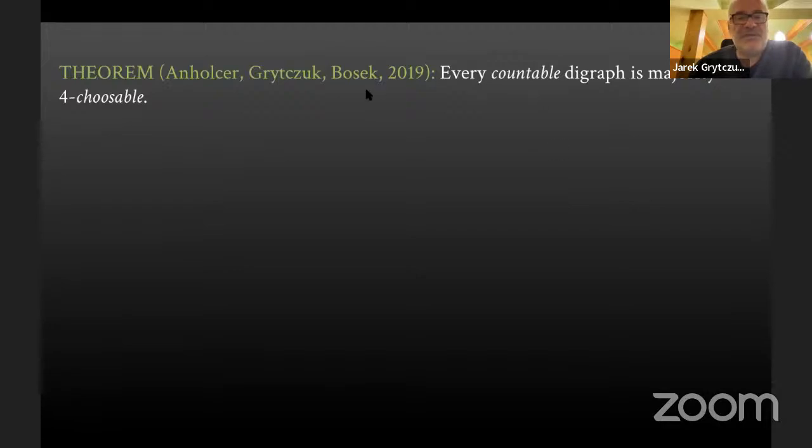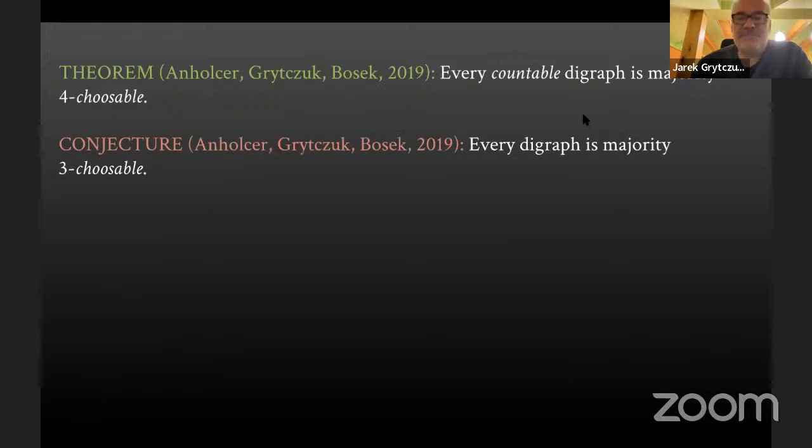And we started some investigations of infinite digraphs. Because why not? If this majority coloring is exciting for finite digraphs, then maybe for infinite something interesting happens. So we could prove, for instance, the same bound as for finite graphs, however, only for the countable case.